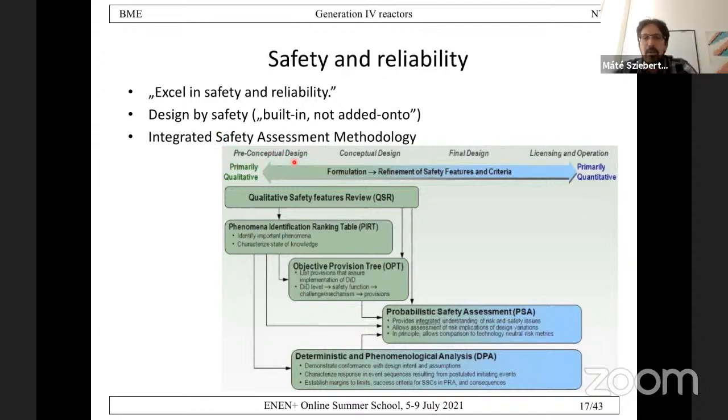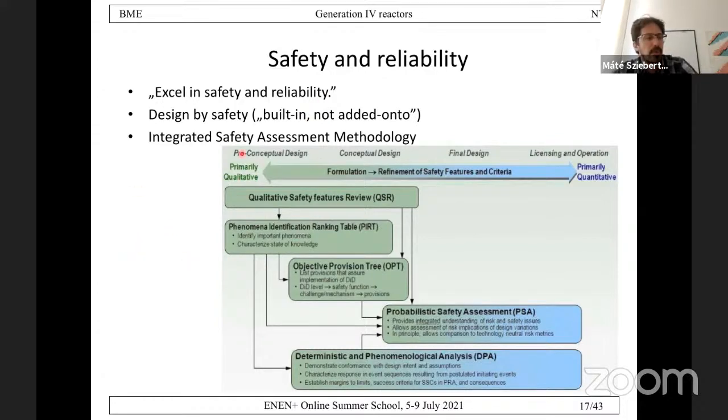In the preconceptual design, you cannot do quantitative, detailed licensing safety analysis, but you can start some kind of qualitative processes and phenomenological identification of different safety problems, which then through the conceptual design, as you reach the final design, will evolve into a complete probabilistic and deterministic safety analysis, which is required for the licensing and operation of the reactor.